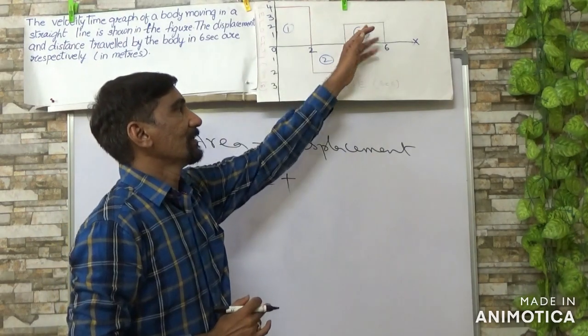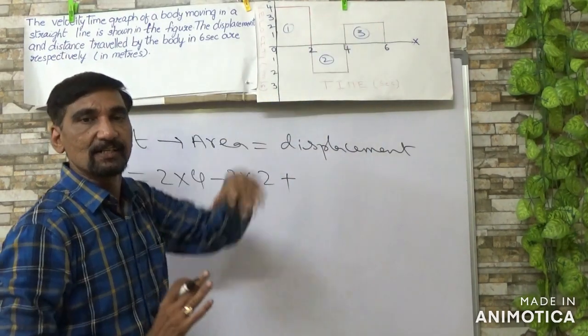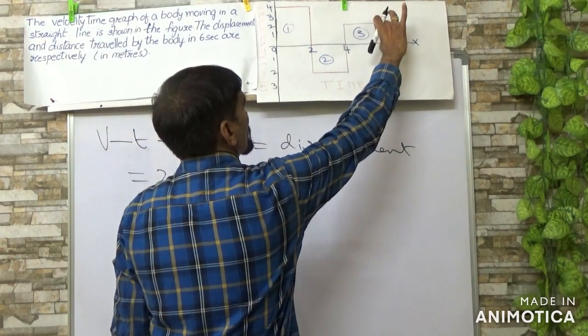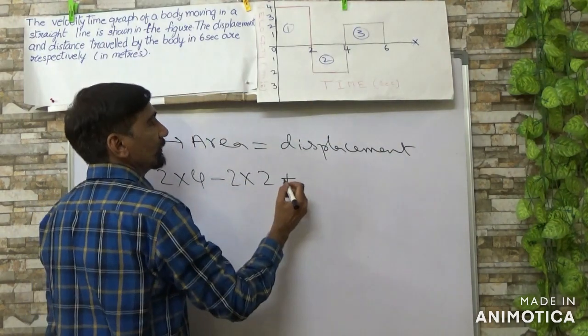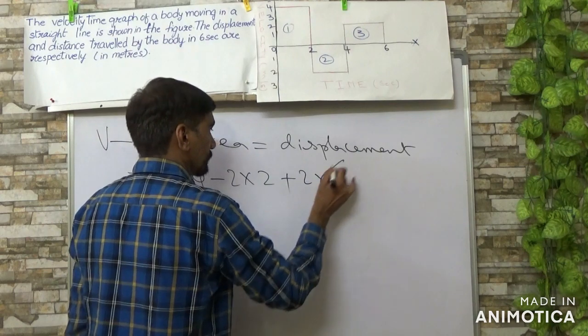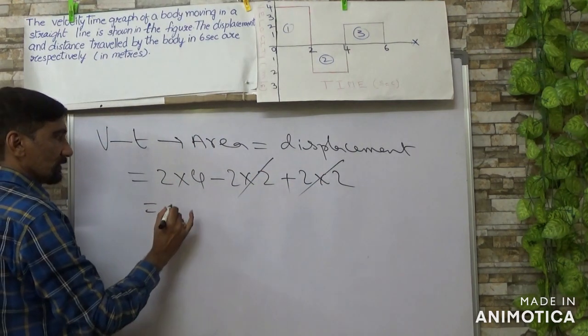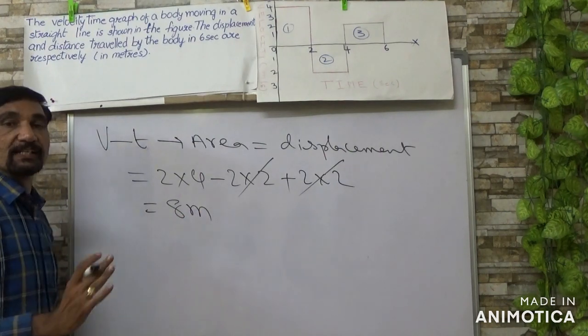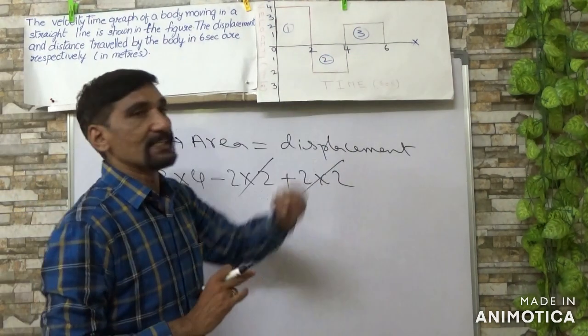But this area is on the positive side of the x-axis, so it must be added. 4 to 6, 2, and this is also 2. So they cancel. 8 meters is the displacement after 6 seconds.